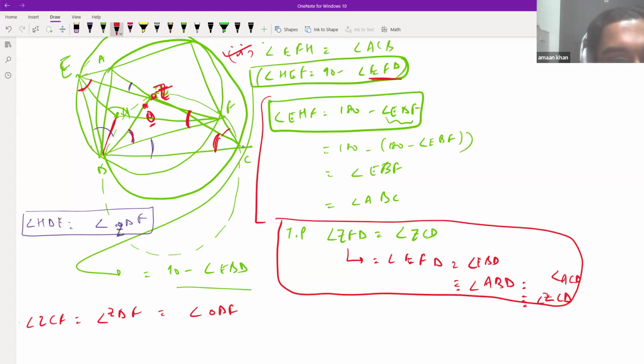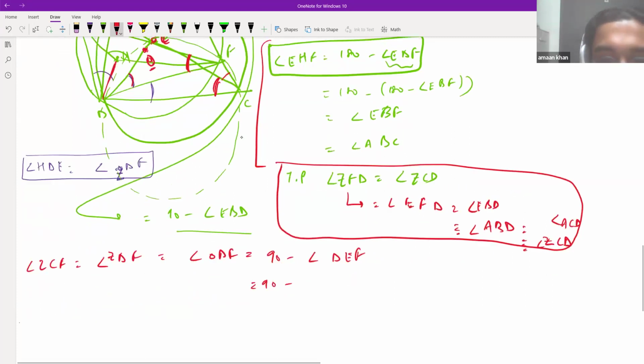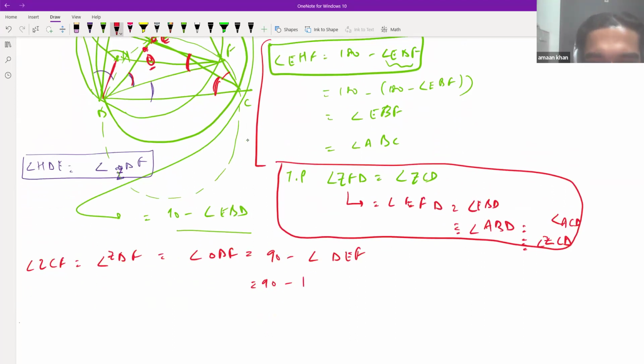Because O is the circumcenter of EFD, ODF is equal to 90 minus angle DEF. Does everyone get this right till here? Okay. And 90 minus DEF is nothing but HDE.